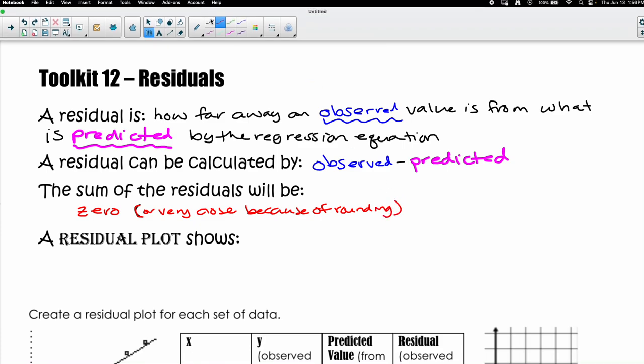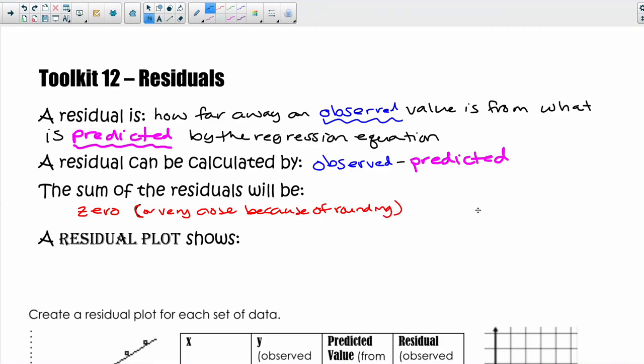So what this will look like is if we have a line of best fit. This is our line, and we had data points that were close to the line, but they don't fit perfectly. There's a little bit of residue. The residuals are the values between the data point itself and the line of best fit.